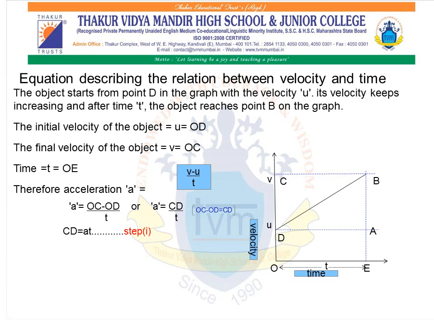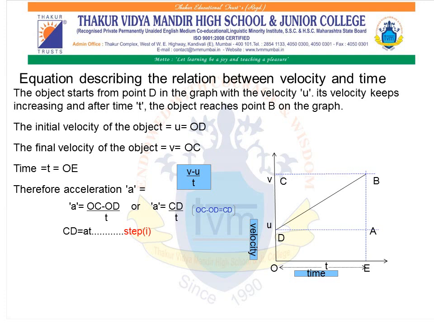So, let's see on the graph here. On the x-axis we have taken time and on the y-axis we have taken velocity. An object starts its journey from point D with initial velocity u. Its velocity keeps on increasing and after time t, the object reaches point B.